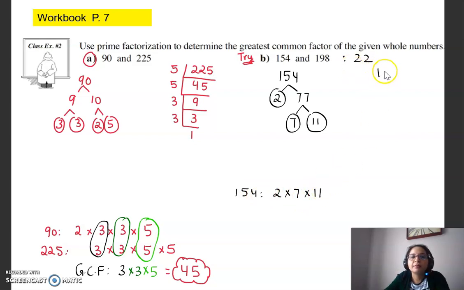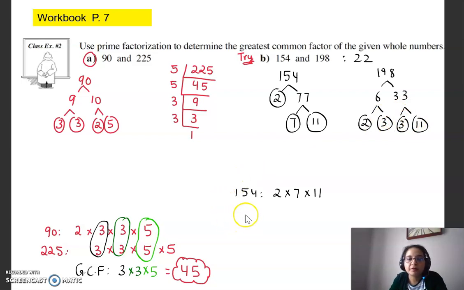And then I would do the same thing with 198. This can be divided by, let's say, a 6. So we'll go by a 3 and a 3. Both of these can be broken down further. I'm doing it super fast, but hopefully you've had time to do it.